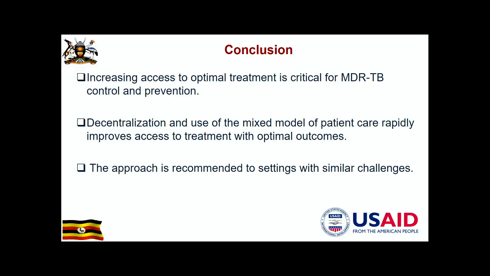So increasing access to optimal treatment is critical for MDR-TB control and prevention. And decentralization and use of mixed model of patient care rapidly improves access to treatment with optimal outcomes. This approach is recommended to settings that are facing similar challenges like we had.